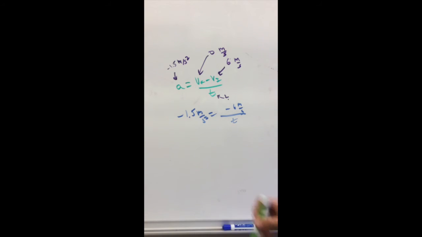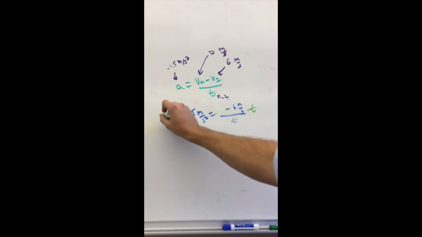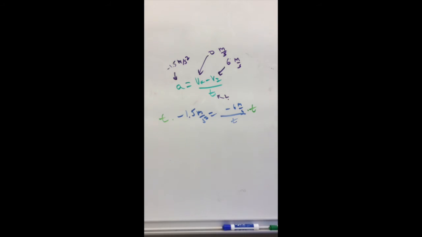Our first step in solving this equation is to multiply both sides by t. If we want to solve for t, you have to get t in the numerator. So that cancels over there, leaving us with negative 1.5 meters per second squared times t is equal to negative 6 meters per second.